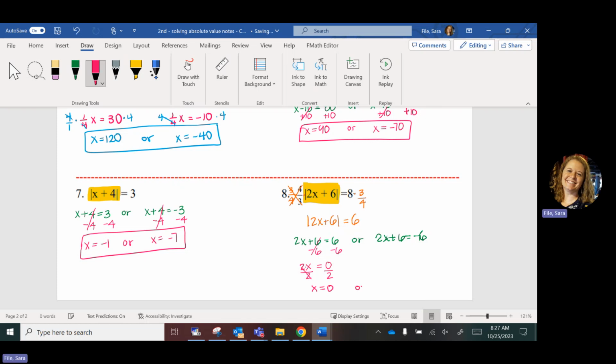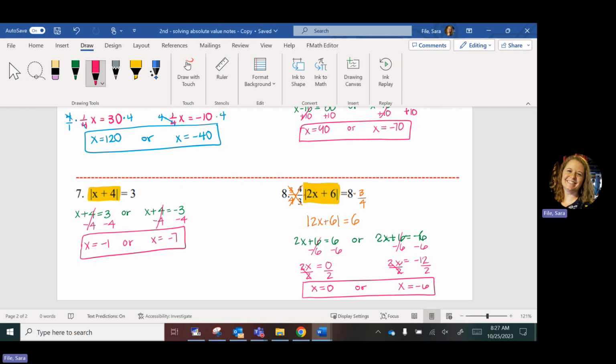Or let's see what we get over here. So this should be the same steps. We're going to subtract 6. Divide by 2. And I get -6. You feeling okay about those?